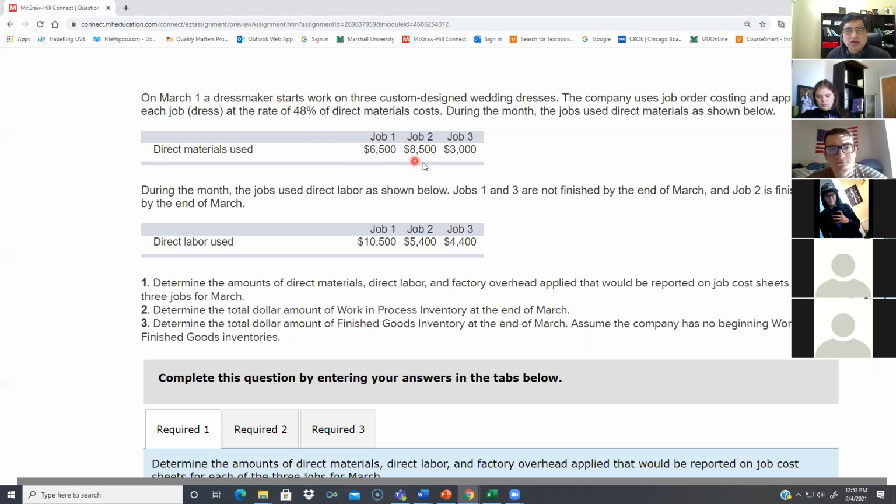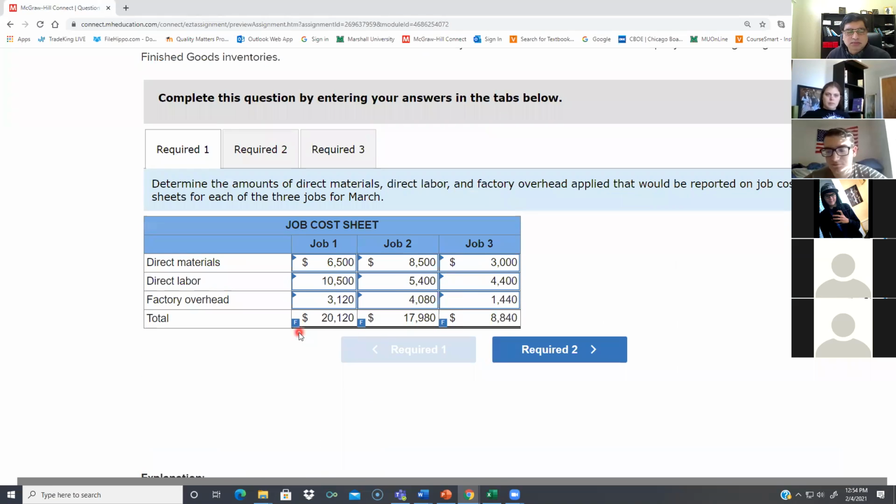What about this one? $4,080. Very good. And for 3,000? Yes. Okay. $1,440. So now you already know direct material. You know what the overheads are, and direct labor is given to you, right? And you know how to add them together.